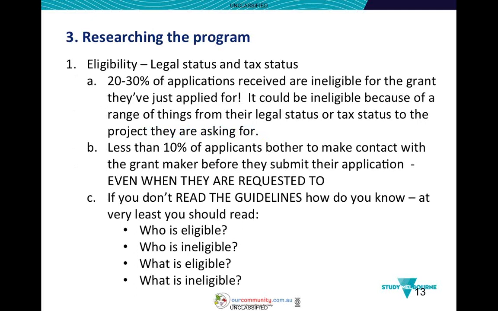There is so much information that you need to make sure that you fully understand in guidelines. You need to know who is eligible, who is ineligible, what is eligible, and what is ineligible. It's really important that you are completely across those areas. Other things that are important are to make sure that you know when it closes, if you'll be able to meet that closing date, and specifically how you're going to meet that.